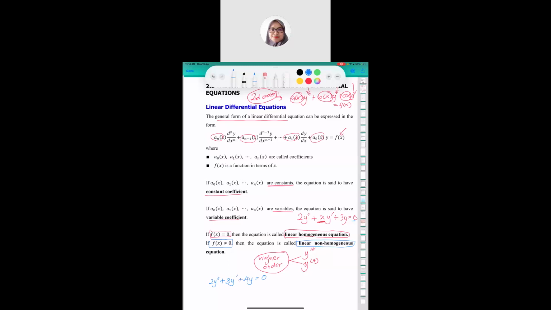So once f(x) equal to 0, yang ni kita panggil as homogeneous equation. Tapi kalau you punya equation equal to let's say sin x, yang ni kita dah panggil sebagai non-homogeneous equation.